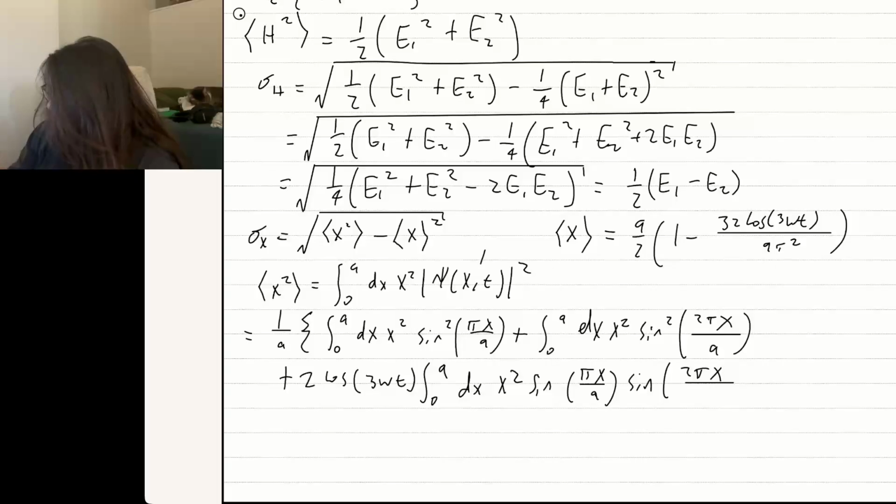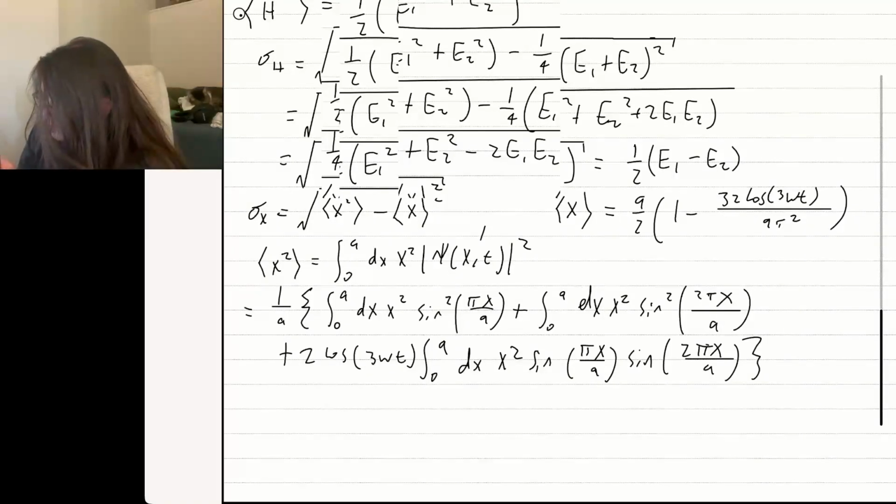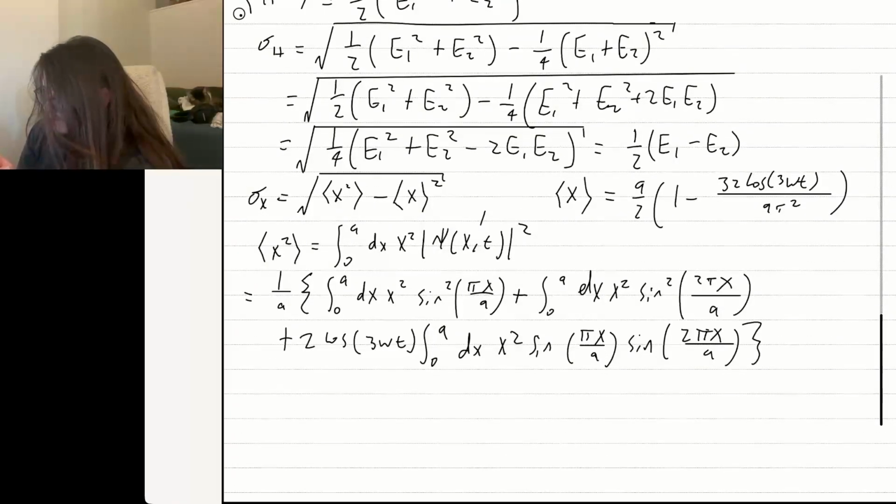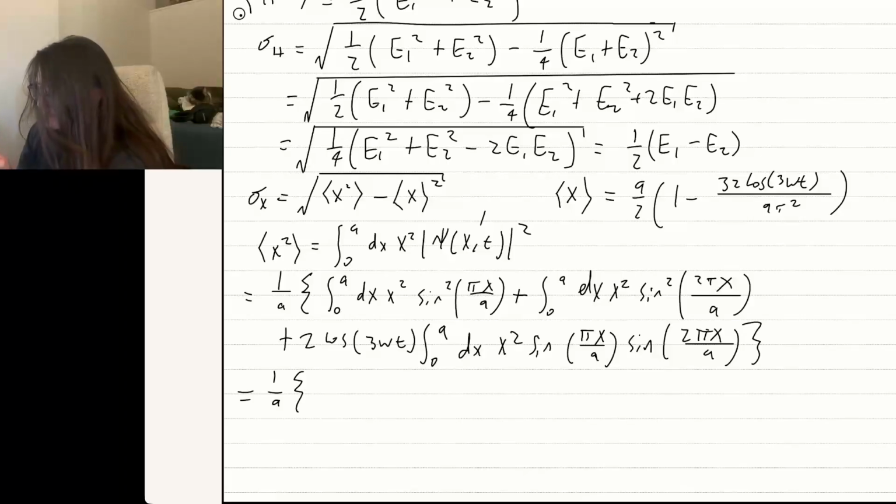So a lot of terms, a lot of integrals that we have to do, but I'm going to try to show you that all these integrals are actually the same integral, using trig identities.